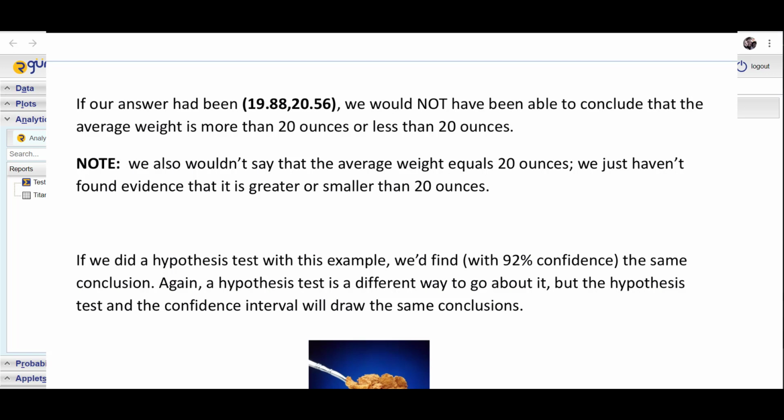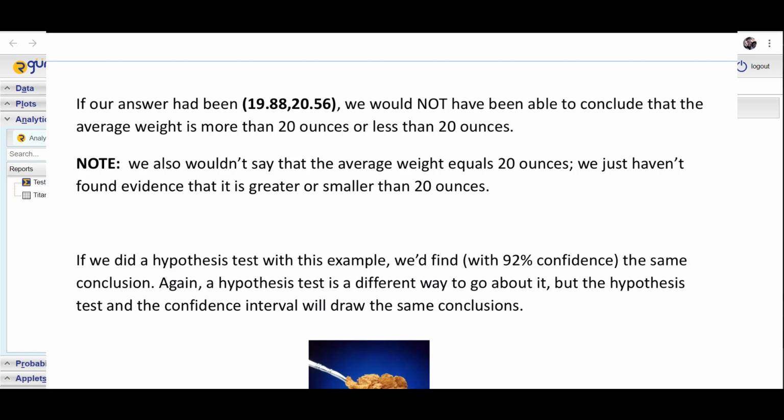We can only really conclude an inequality. We can either conclude that it's less than, we can conclude that it's greater than, or we can conclude that it is not equal to. Or we don't have enough evidence to prove one of those three statements: less than, greater than, or not equal to. We would never say that we've proven that something equals an exact number.